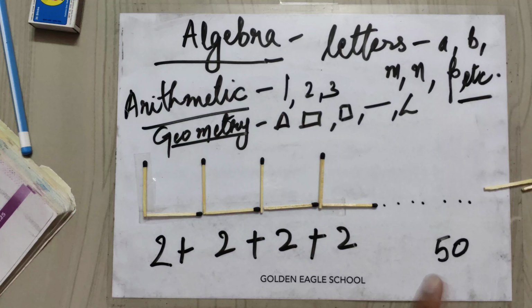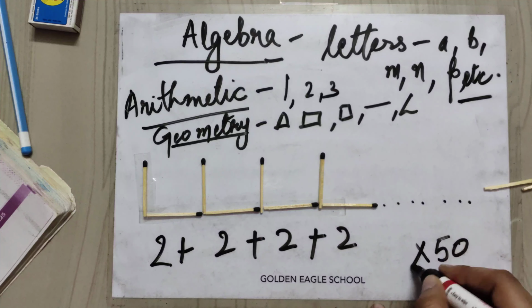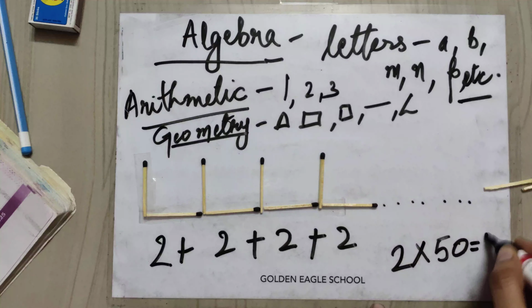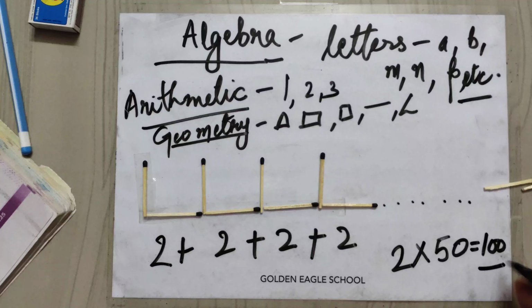We have to multiply 50 by 2. So we are using 100 matchsticks to form 50 L's.